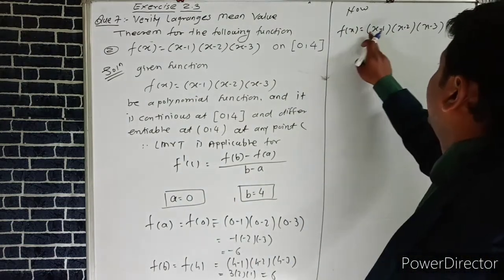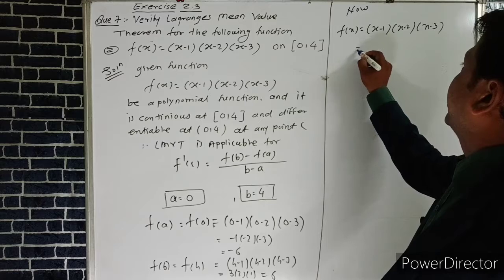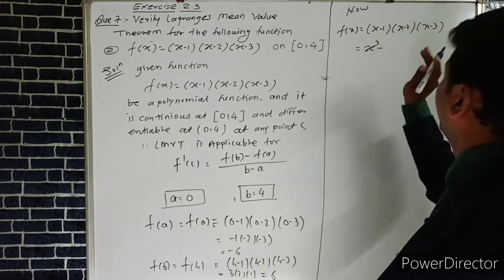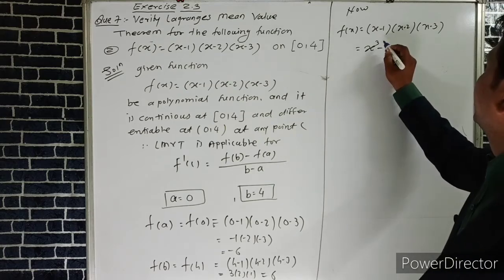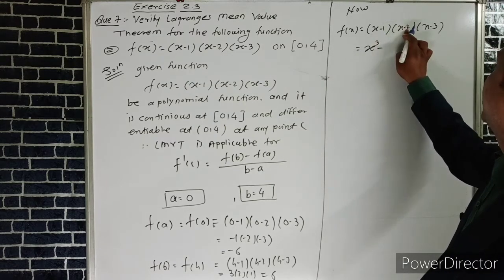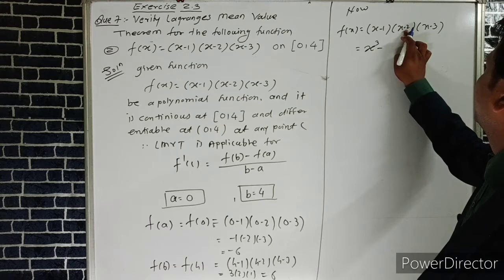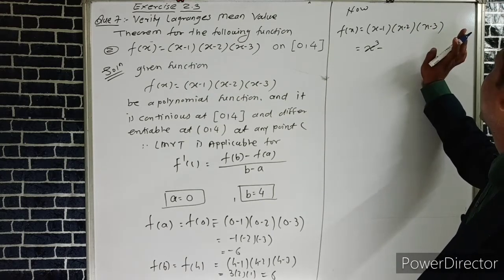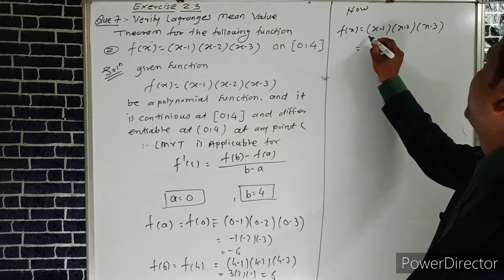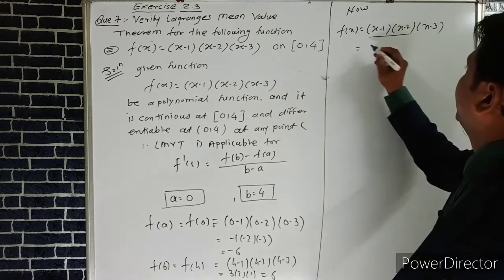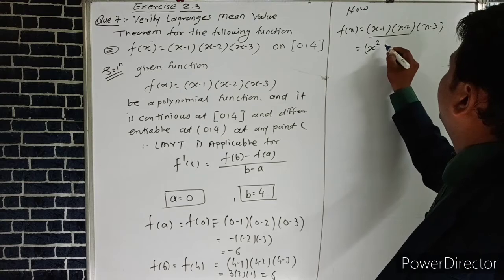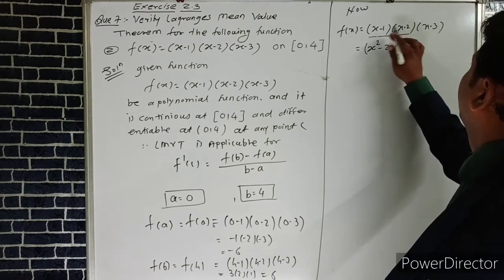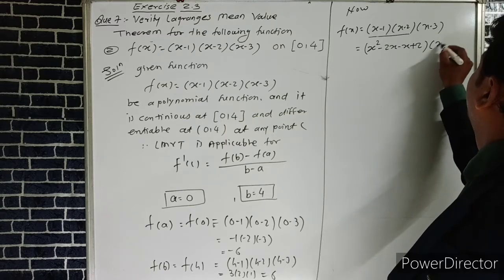So, if we multiply all three brackets, we can write x into x into x, which is x cube. First we solve the first two brackets: x into x is x square, minus 2x minus x, plus 2, into x minus 3.